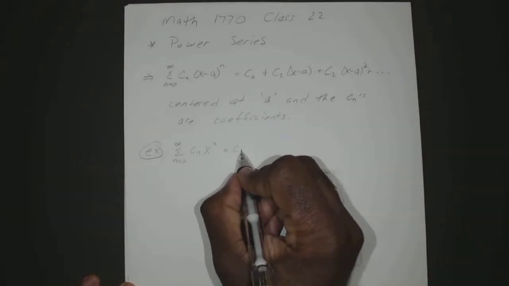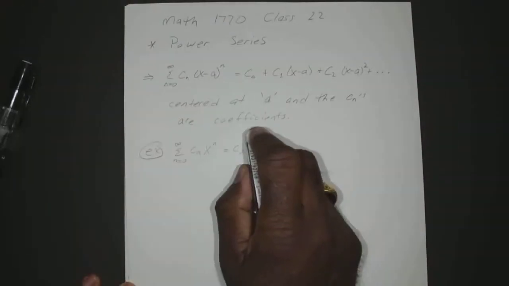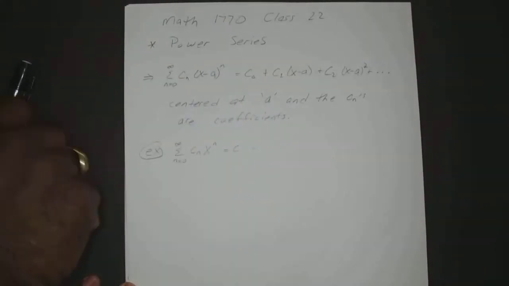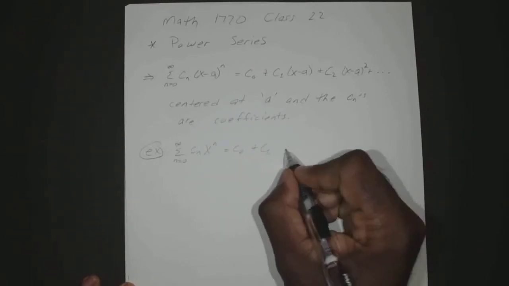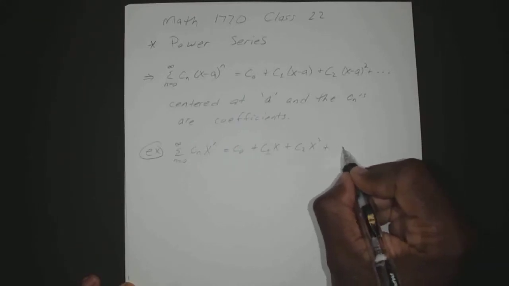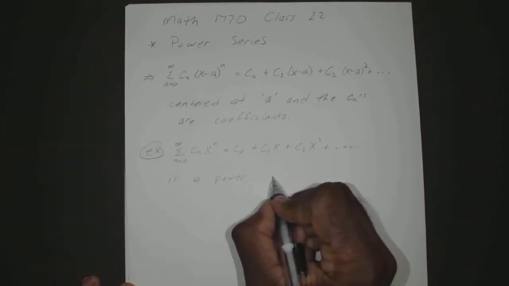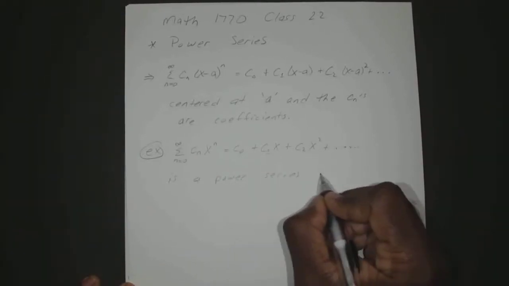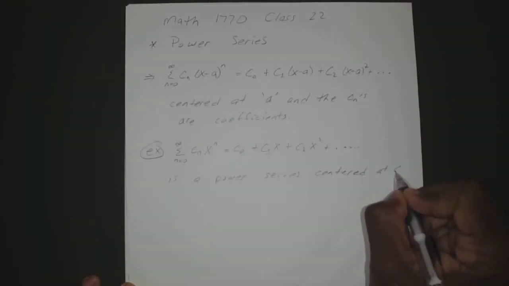So that would be c0 plus c1 x plus c2 x squared, and it just keeps on going. So this is a power series centered at 0.